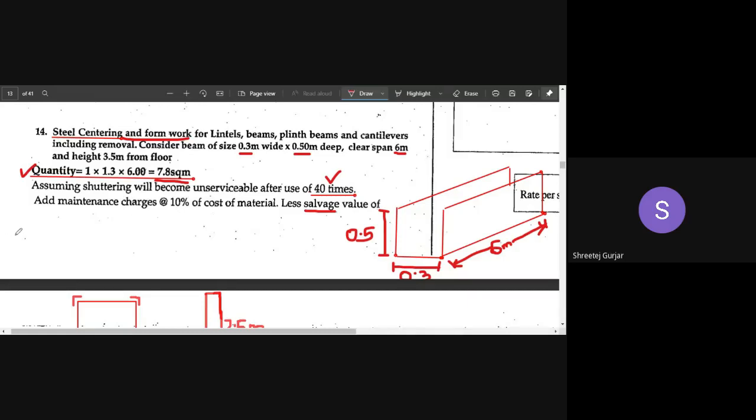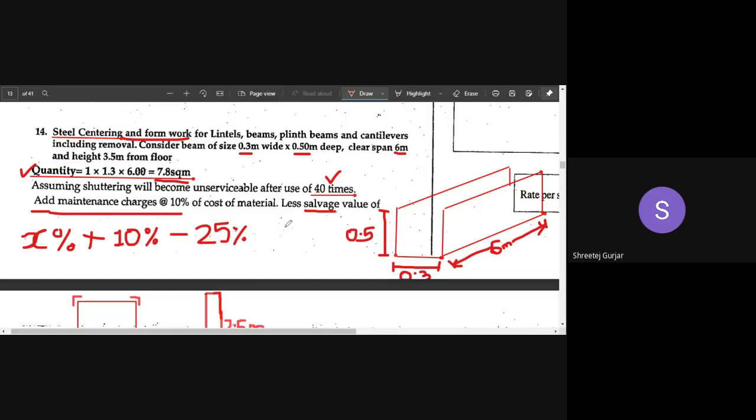Let us assume this particular steel costs us some value X. Some maintenance charges are required every time you use it, so it is 10% maintenance charge, which is an additional cost. Now, the salvage value we consider for steel is 25%, which we will get back after resale.